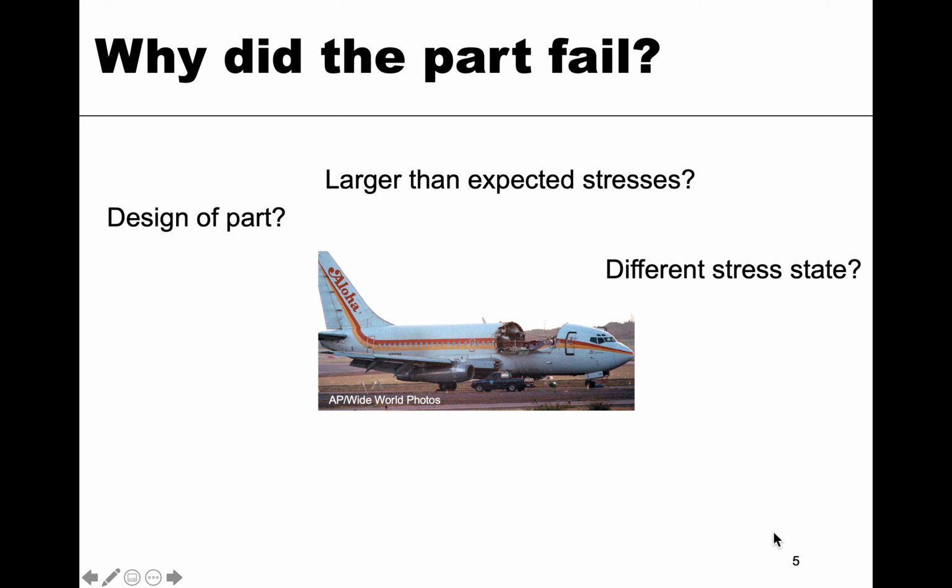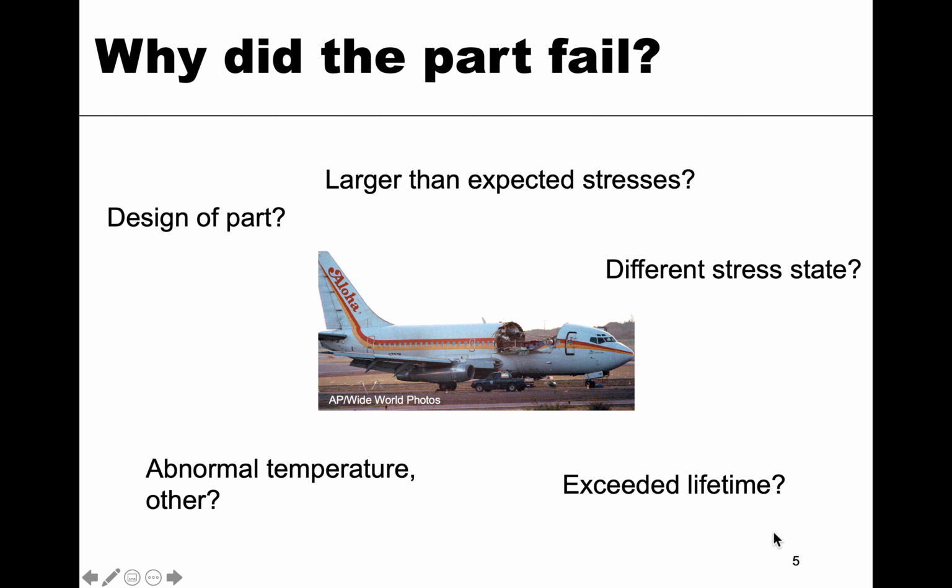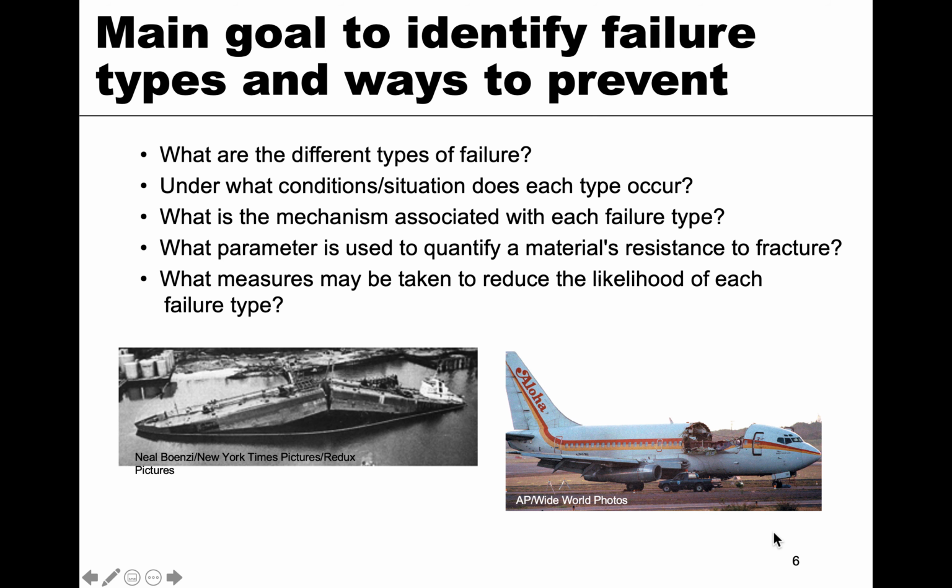Was it exposed to a different type of stress state than it was intended for? Did it exceed its lifetime? These are all properties that we should be able to know for a given material. Or was there some abnormal temperature or other external factors? These are all things that we need to think about when we look at failure.